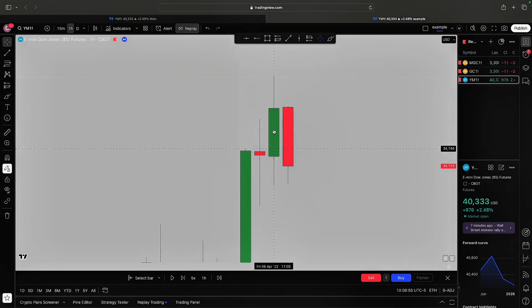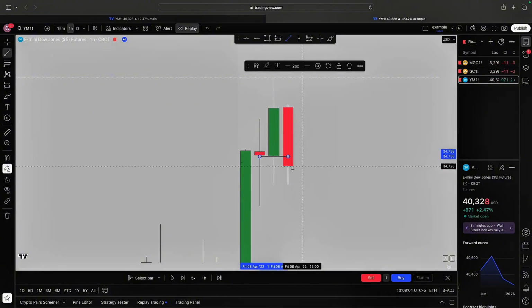Now with this bullish candle here, it opened here, got pushed down. The bears pushed it down to this low right here, but ended up going all the way up to this high here, but closed here.